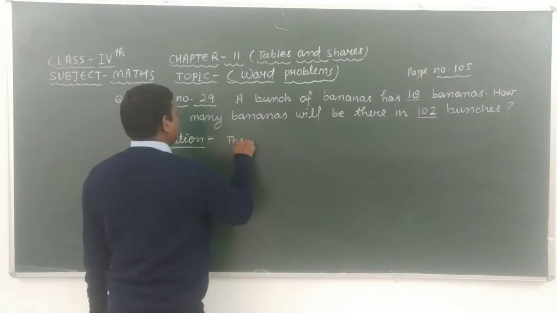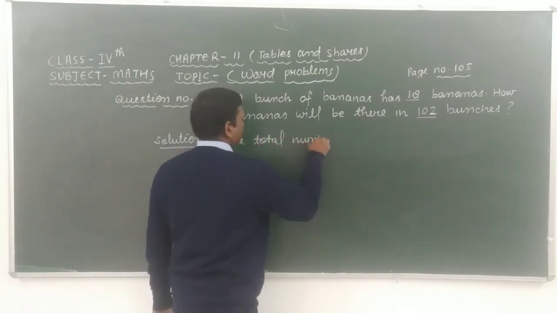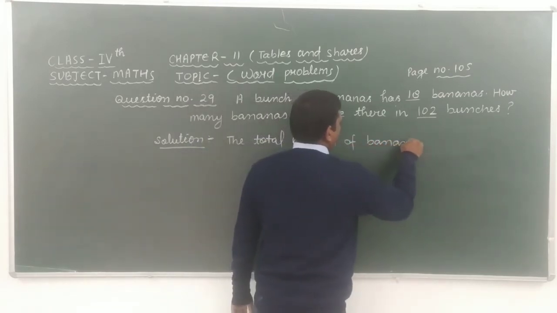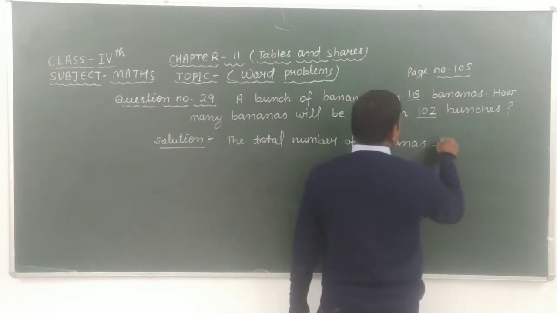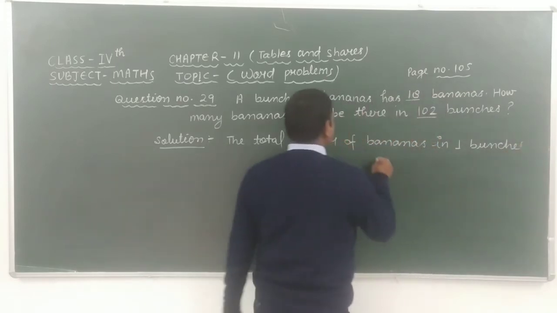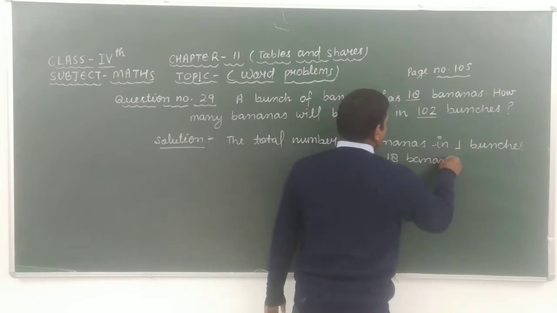The total number of bananas in one bunch is equal to 18 bananas. Okay, students.